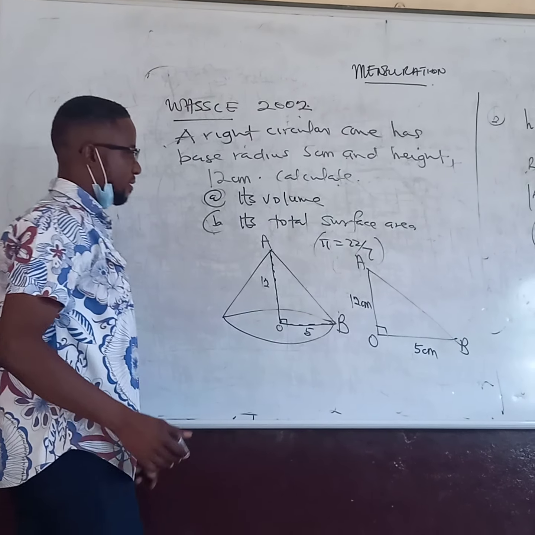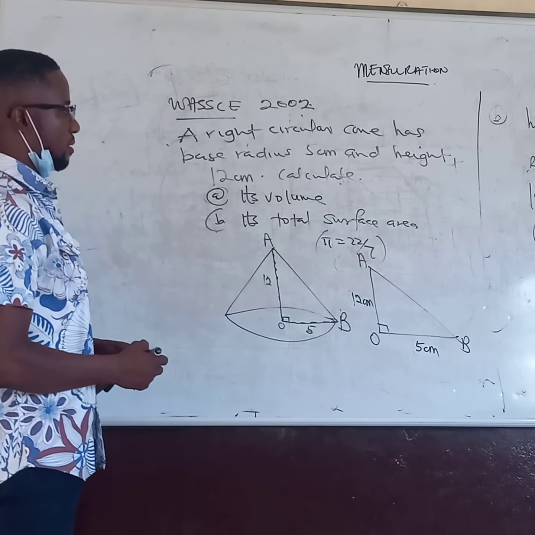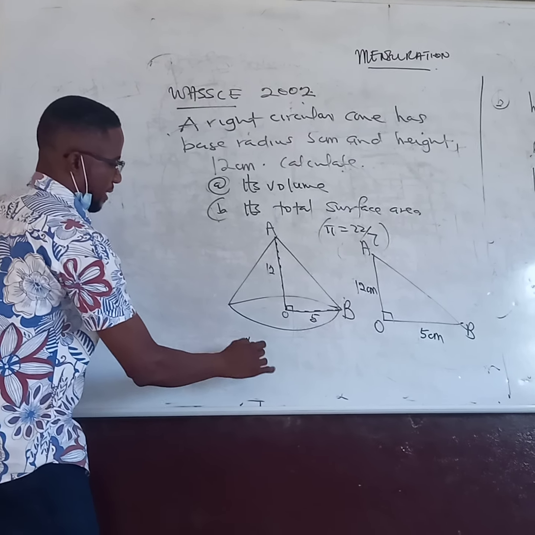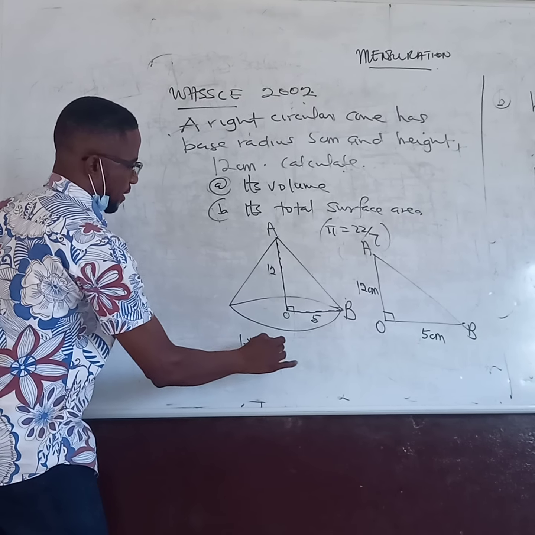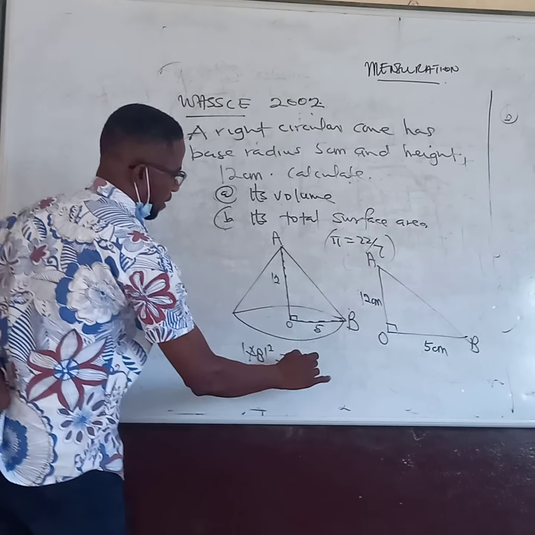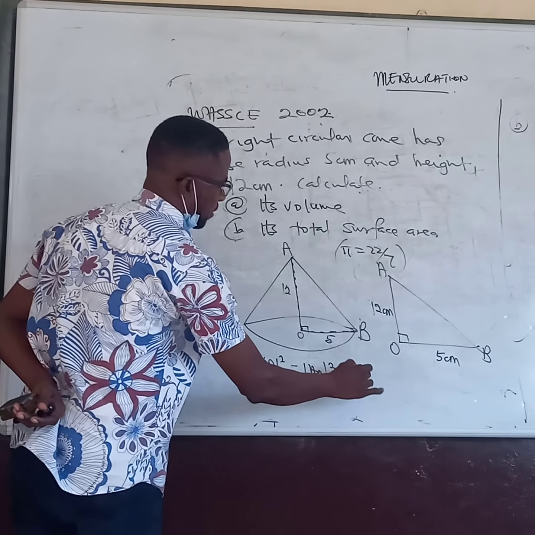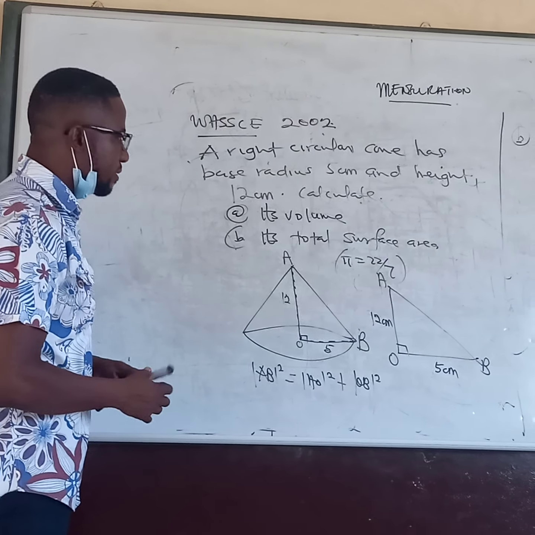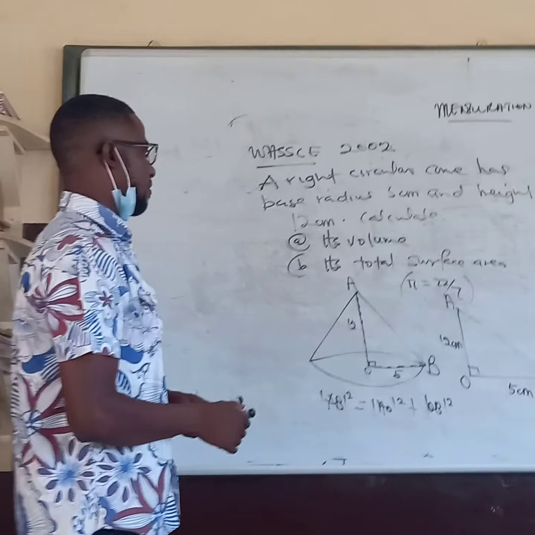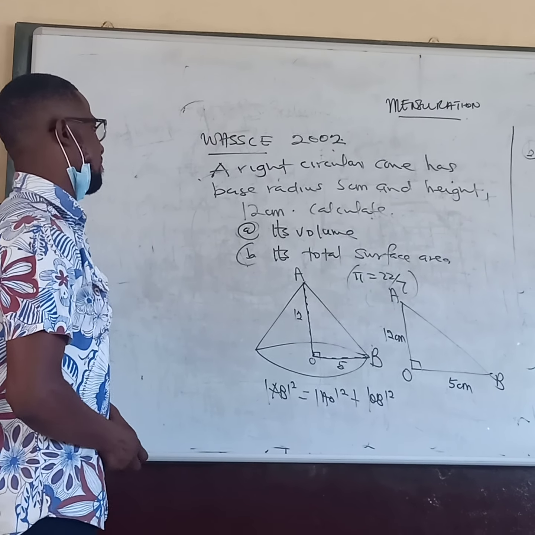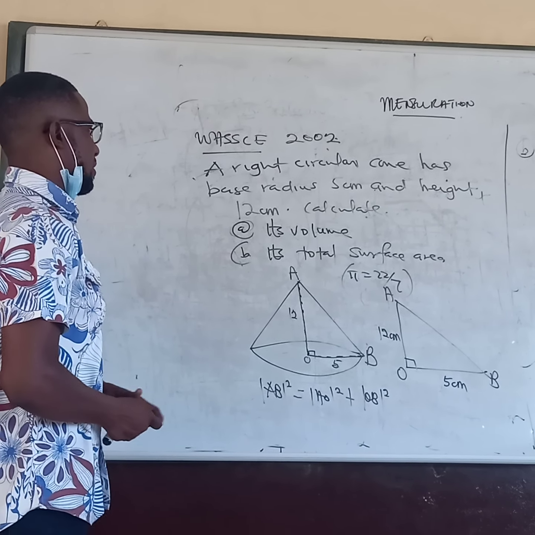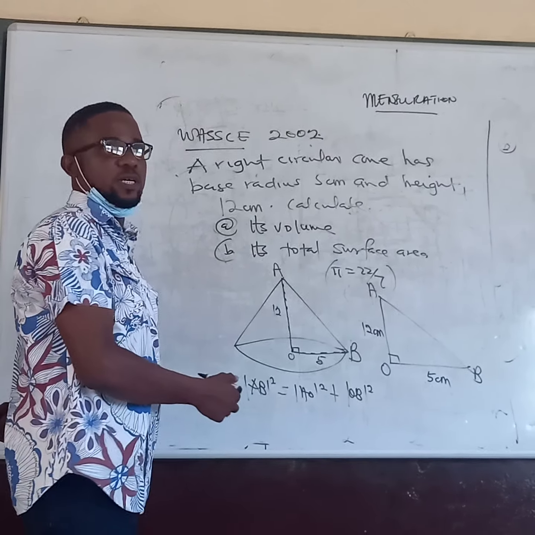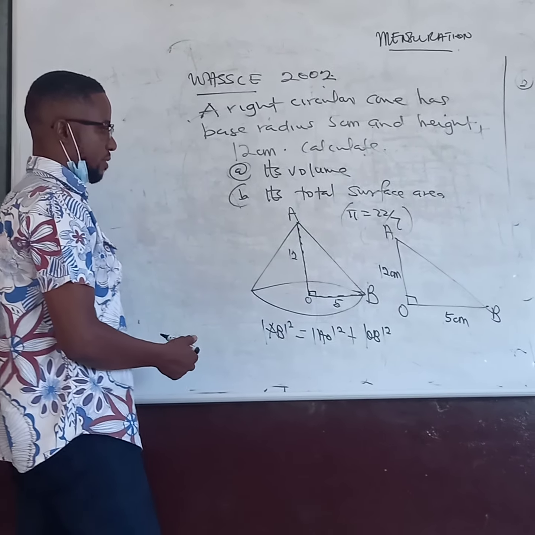So we can find the slant edge. Using Pythagoras, AB squared equals AO squared plus OB squared. We do the right substitution and find the slant edge, because we need that to find the total surface area.